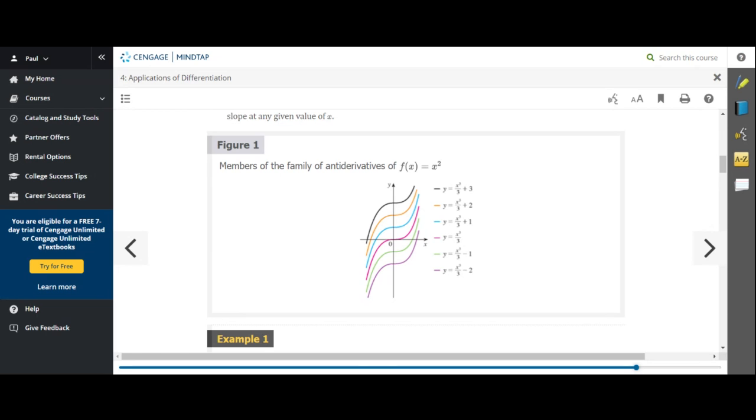So let me show you why this figure 1 is true. Let me go ahead and bring up the whiteboard and write down f of x equals x squared. So this is to support figure 1 from section 4.8, antiderivatives.